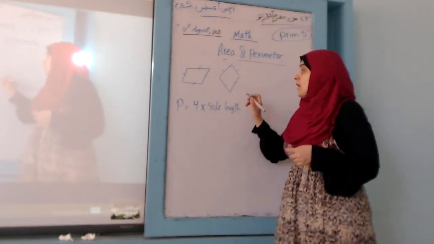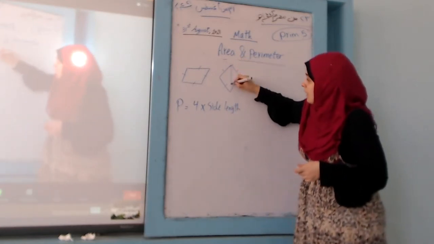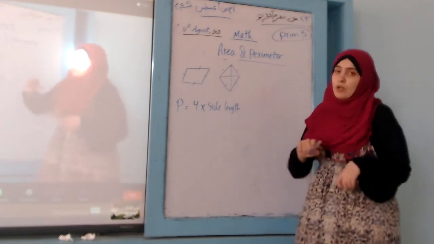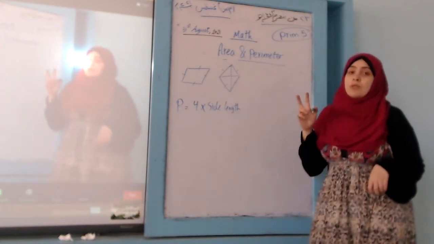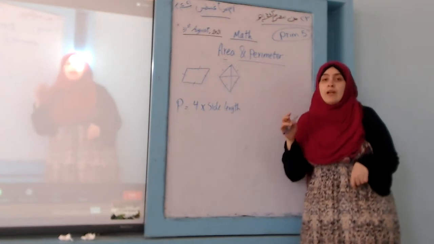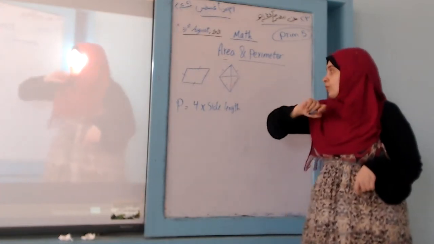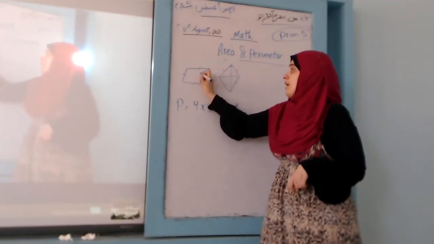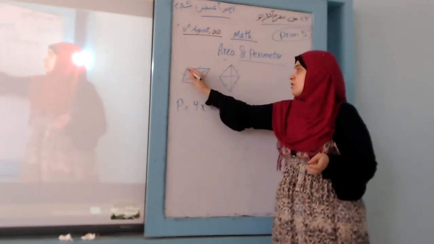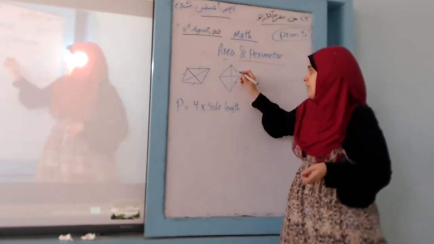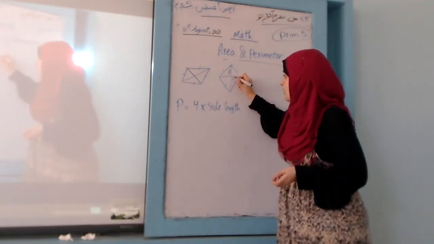As in a square, the rhombus has diagonals, but in the rhombus the two diagonals are not equal in length. The square has two diagonals equal in length, but the two diagonals of the rhombus are not equal. I have a great diagonal and a small diagonal, D1 and D2.